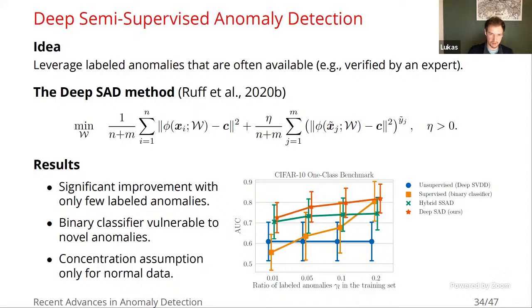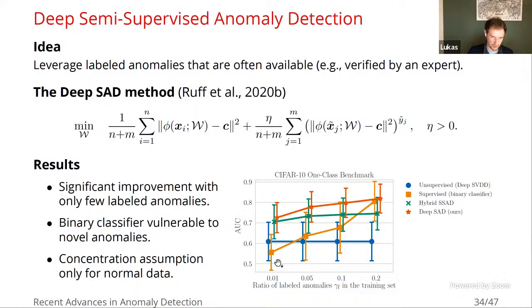And just showing the results on one of the common benchmarks, which is considering classes of CIFAR-10, always one of the classes to be normal and all of the other classes to be anomalous, and then iterating over this one versus rest setting, one can see that even having only 1% of labeled anomalies in the training set gives a significant boost to this semi-supervised method.